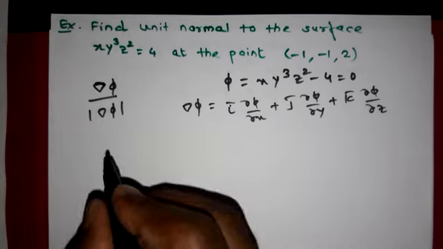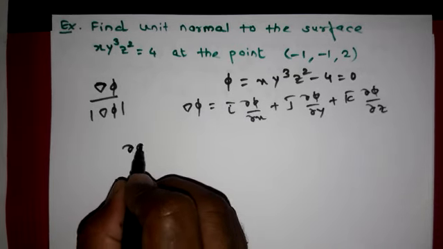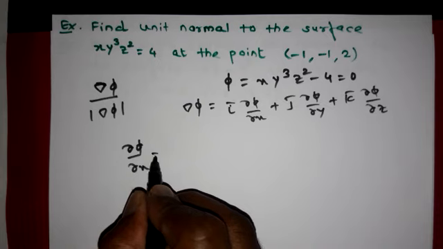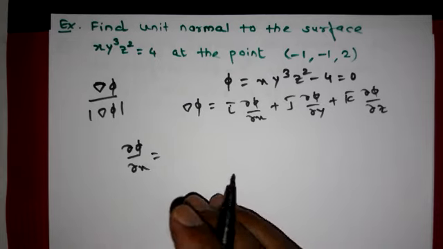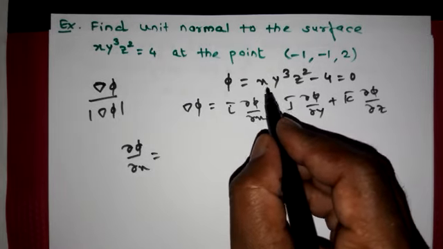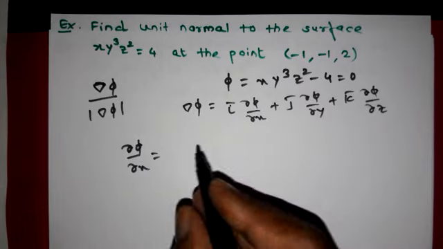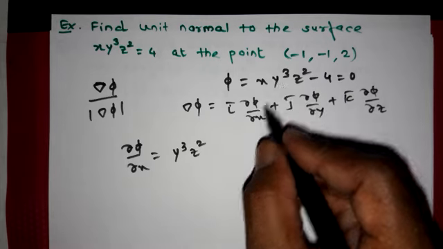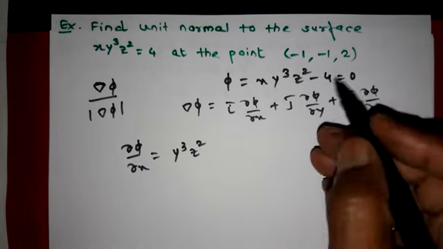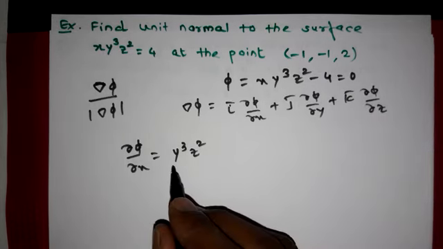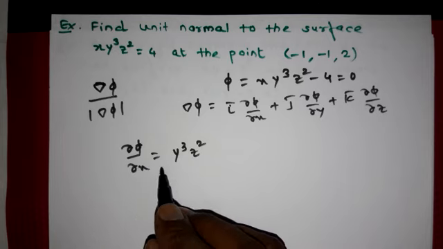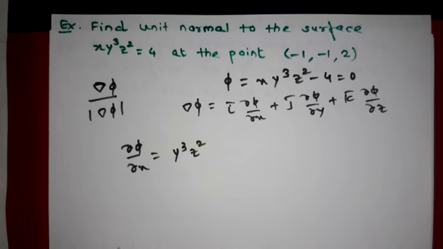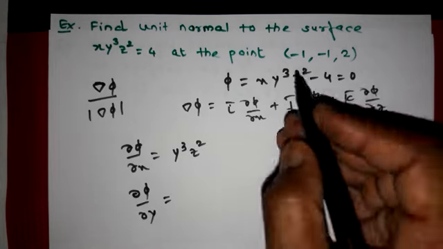So here phi is given, find its 3 derivatives. Dou phi by dou x, with respect to x, derivative of x is 1, others as it is. So y cube z square. It is in the product, that's why I keep it as it is. Derivative of minus 4 is 0. So dou phi by dou x is equal to y cube z square. Then dou phi by dou y, with respect to y.